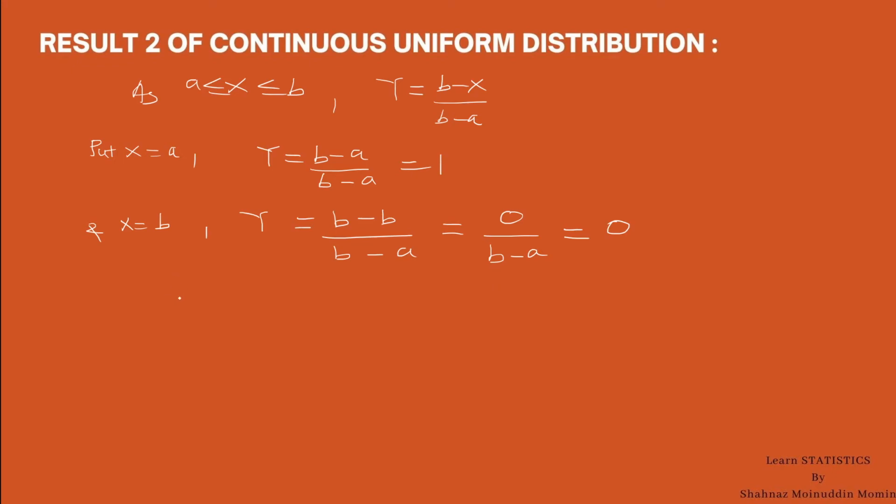Therefore Y lies between 0 and 1. Hence the PDF of Y becomes g_Y equal to 1 for 0 less than or equal to y less than or equal to 1, and it is 0 otherwise.